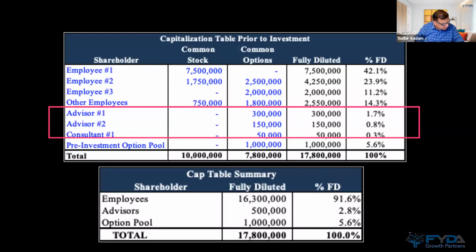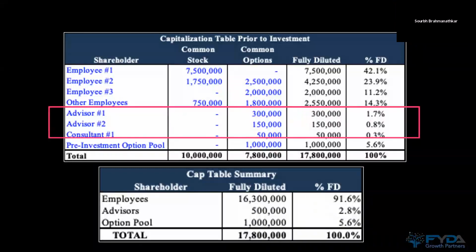Usually in the very early stages of your startup, the advisor equities are high, or they look high. But they are not really high, because the advisors know that as you raise money, and the more money you raise, the more they will get diluted, and the less say they will have in the company.